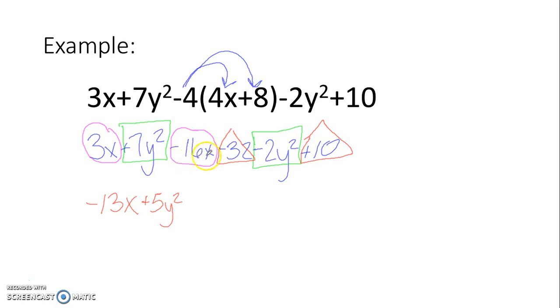And then we have negative 17x, we're going to the triangles, we already used that one, negative 32 plus 10. So that's the same thing as saying 32 minus 10, which is 22, and since 32 is the bigger number, it's a negative 22. So this is how you would simplify this big, long equation.